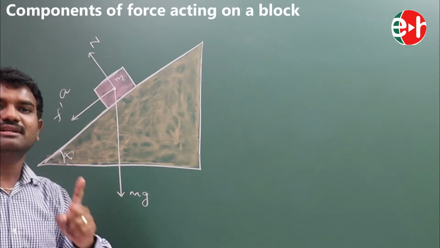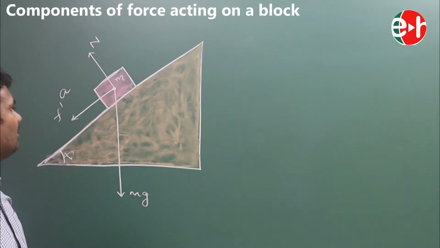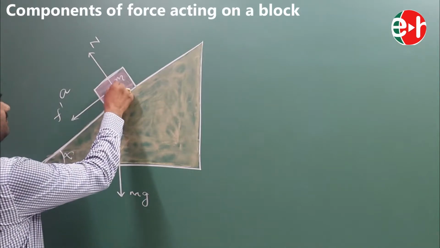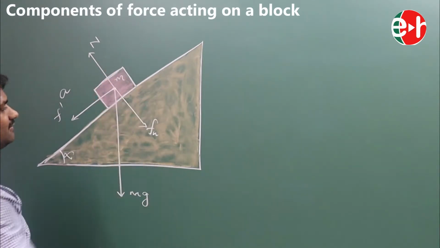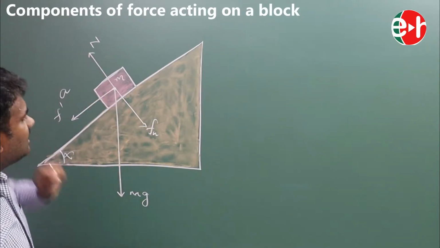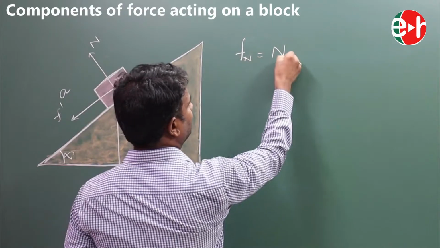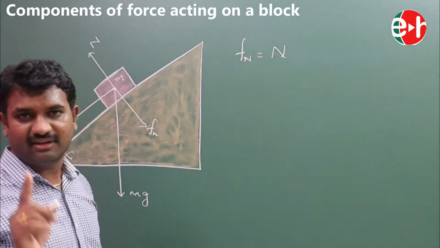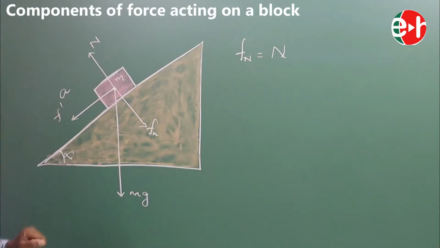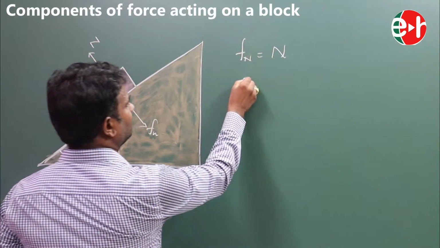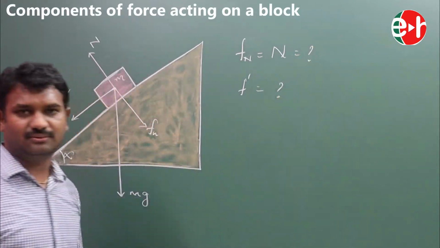That means someone is balancing this N. Who is that? We have to find that. Let it be Fn. So this Fn balances this N, equal in magnitude but opposite in direction, so Fn is equal to our normal reaction. And what about this F dash? How much? This is our task now.